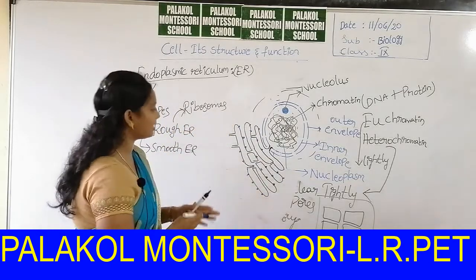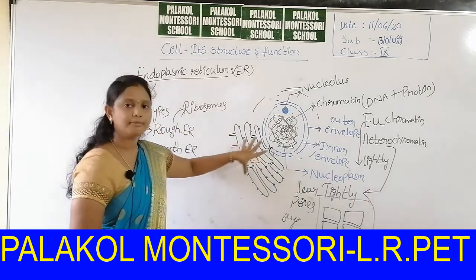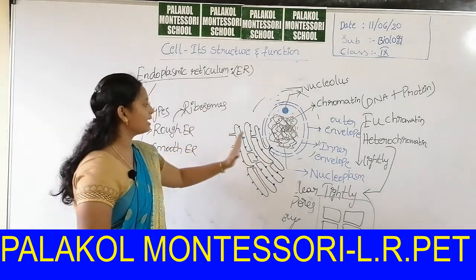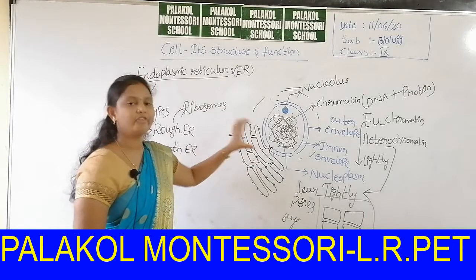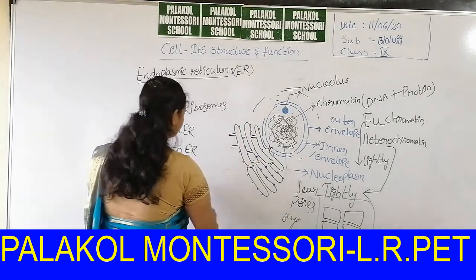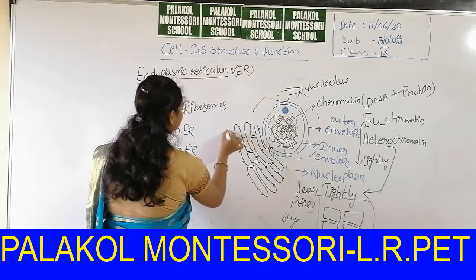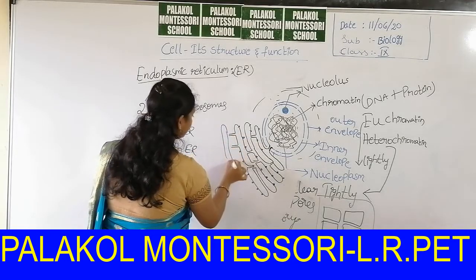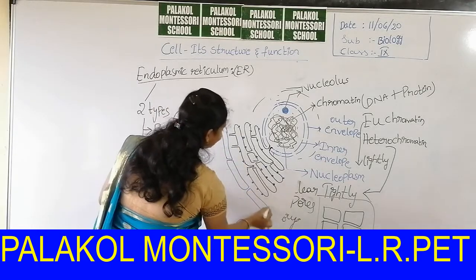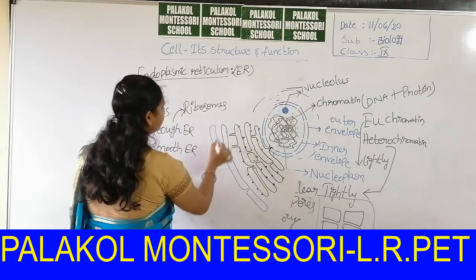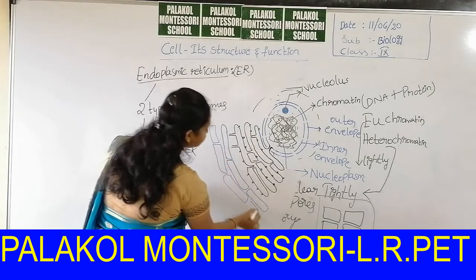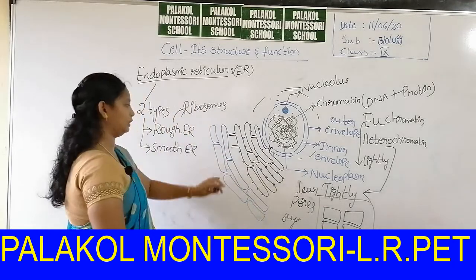Due to the presence of ribosomes, this type is called rough endoplasmic reticulum. It is followed by smooth endoplasmic reticulum. Why is it called smooth? Because ribosomes are absent.